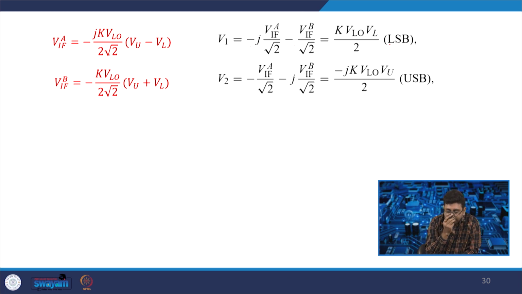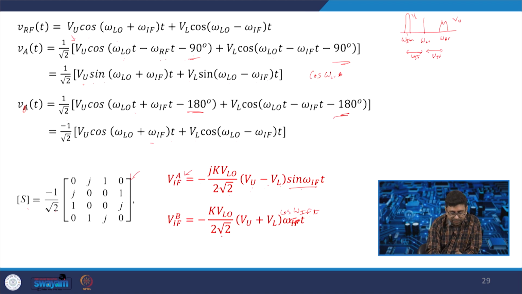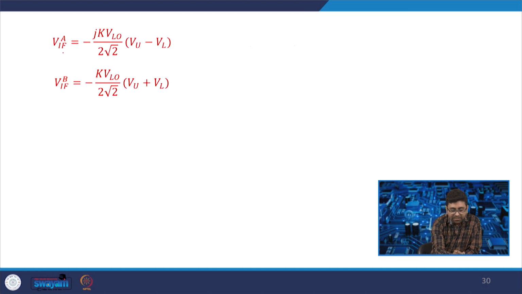So, what is happening here is that if you see the S parameter, the same 90 degree is used at the output also to combine. So, that is why here the VIF has a minus j by root 2 which is added here, and here minus 1 by root 2.